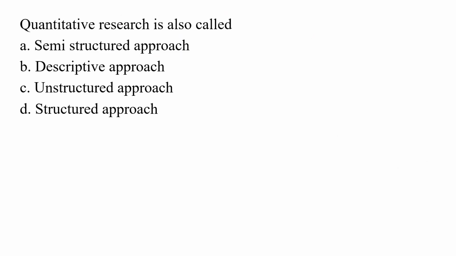Quantitative research is called. So here in this question they ask you about quantitative research, for which the first option is semi-structured approach, second is descriptive approach, third is unstructured approach, and the last one is structured approach.